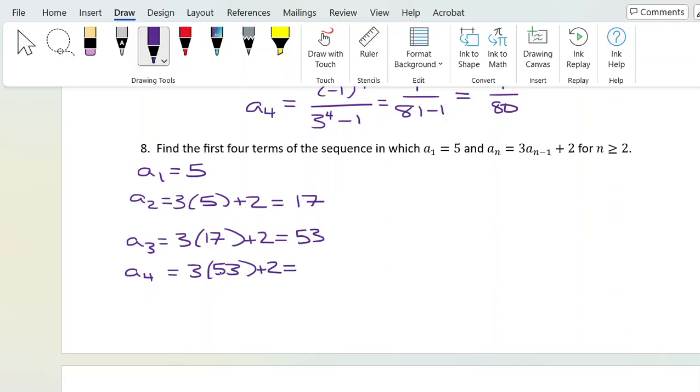So 3 times 53 is 159, plus 2 is going to be 161. So my first 4 terms are 5, 17, 53, 161.